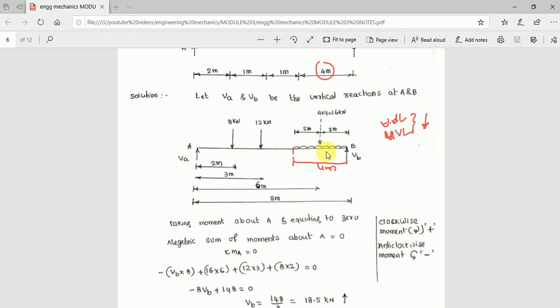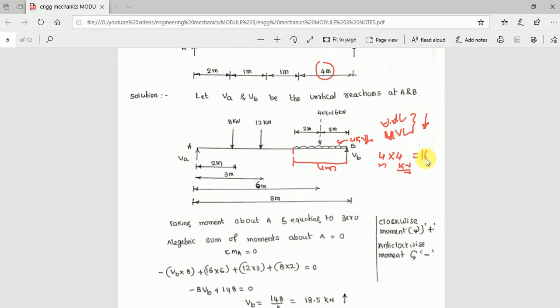How do we convert this into a concentrated load? The length is 4 meters, and for every meter the load is 4 kilonewton, since its value was 4 kilonewton per meter. So the 4 meter length is multiplied by 4 kilonewton per meter.